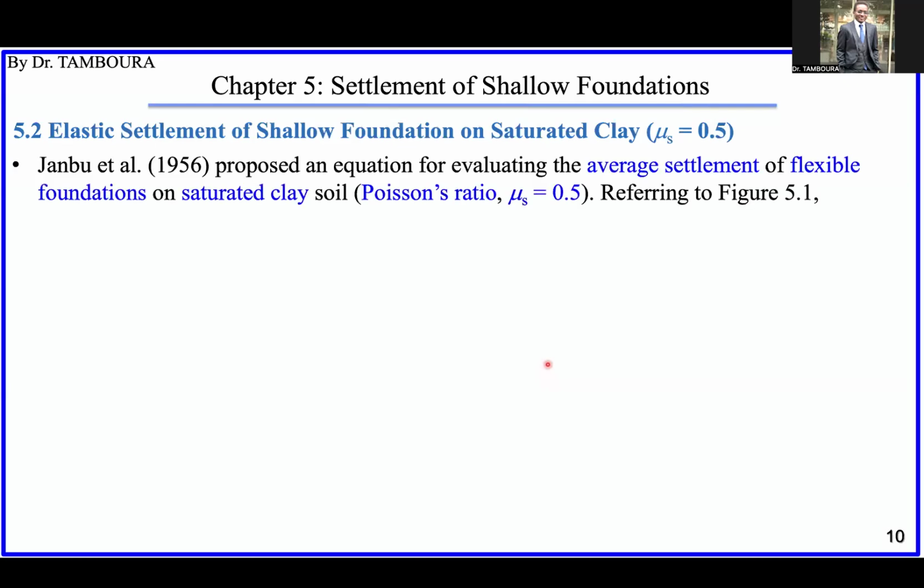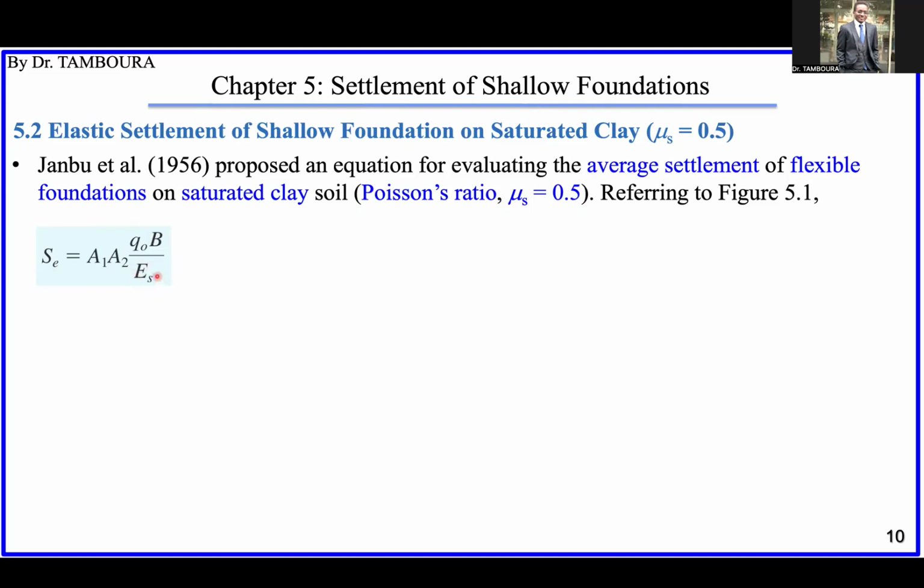Okay. So we have an equation that is proposed to evaluate average settlement of foundation on saturated clay, given like this. We have this equation: A1, A2, q0, B, Es.